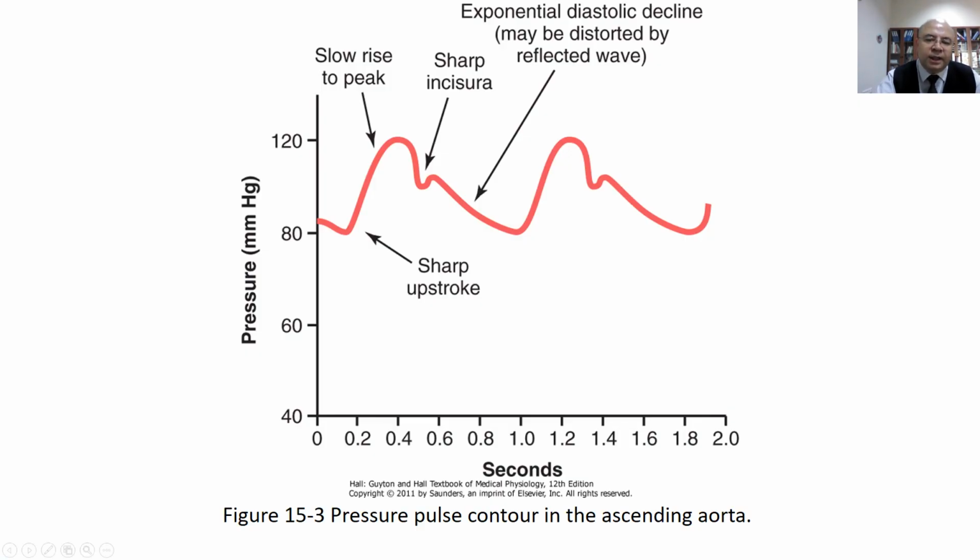Now you see the pressure pulse contour in the ascending aorta. We can send a catheter to the aorta from the femoral artery and then measure the pressure there.